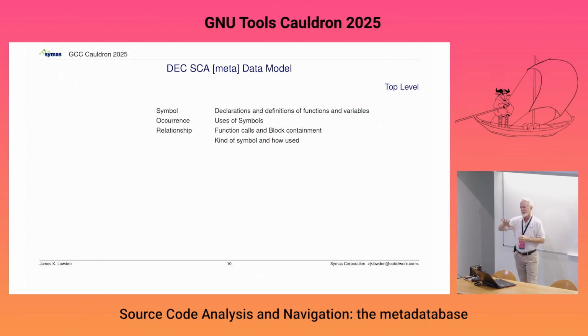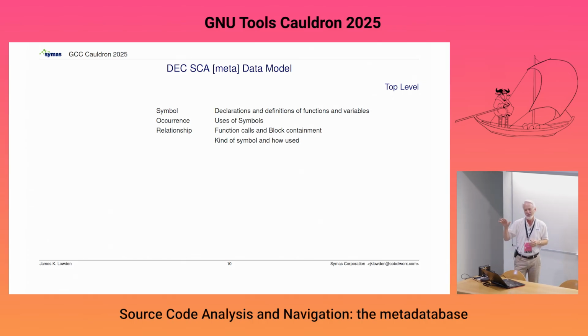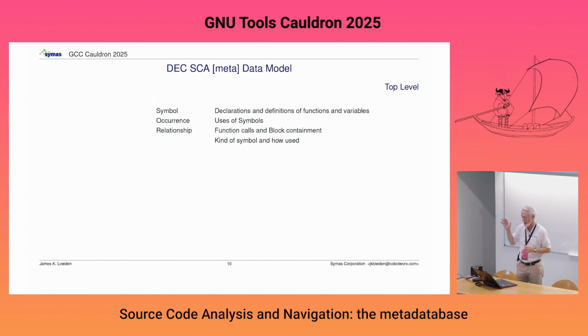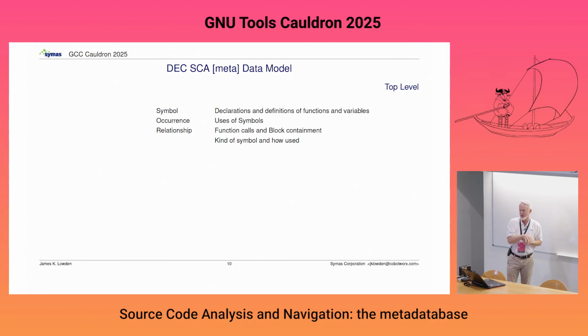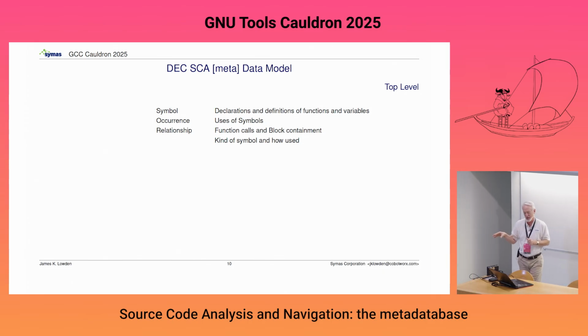In everybody's source code, you've all got symbols. You have things that define stuff. They appear someplace. So those are definitions, or they're just tokens, right? The plus sign or whatever. Then those things are used in some place. That's another location, and they're used in a certain way.